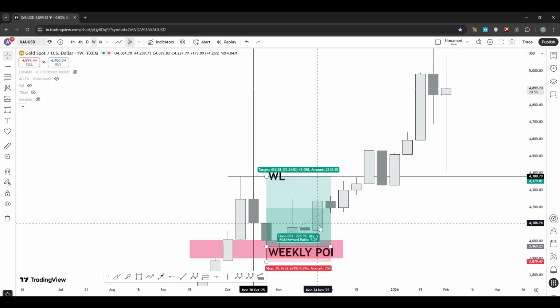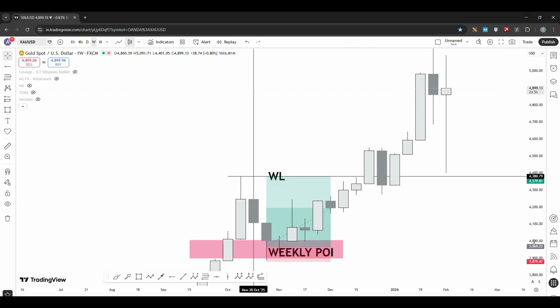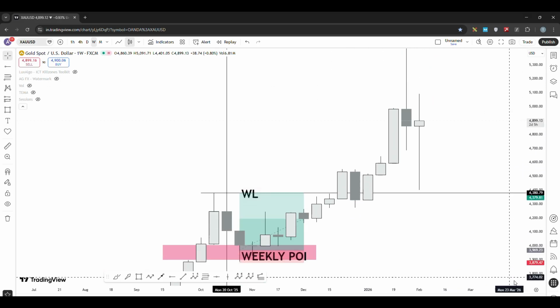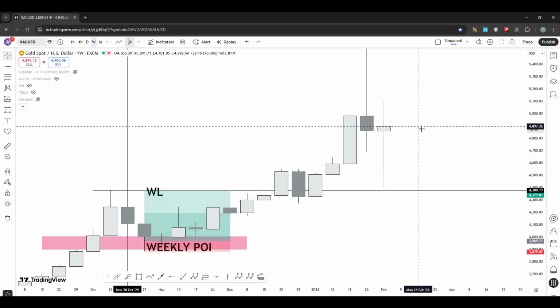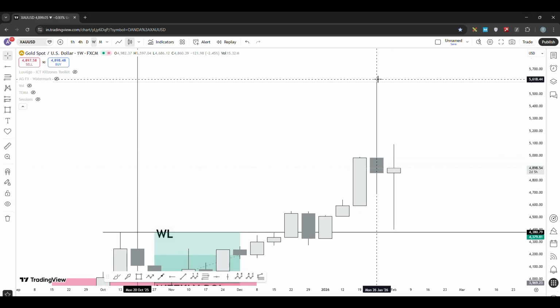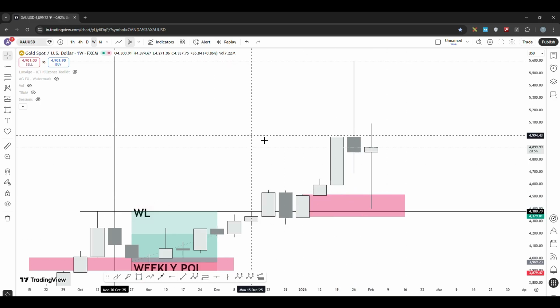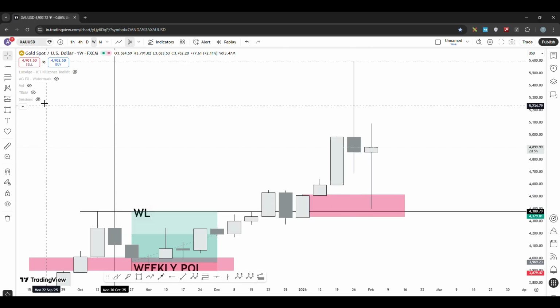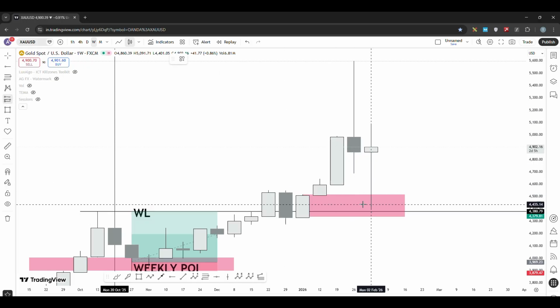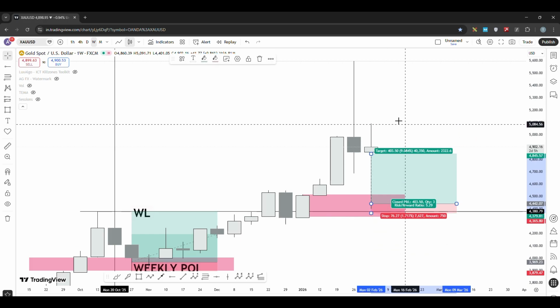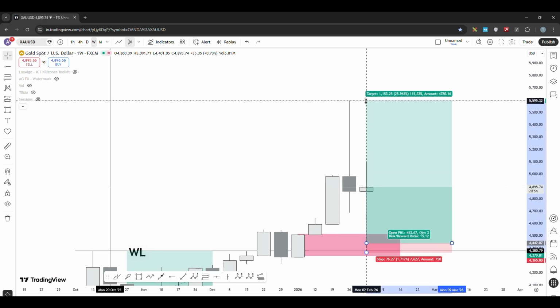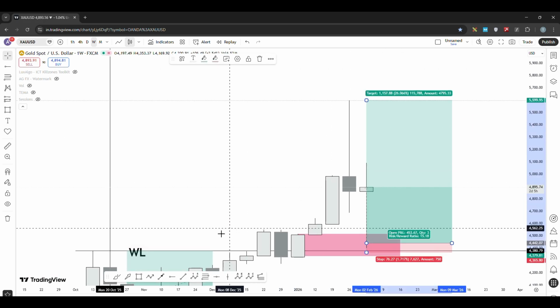So I hope it is clear how to find the bias of the market. Here also we can see this is the recent price action. Market created this high and market dropped, and you can see this was our weekly POI, and from here if you get displacement in the 4-hour or in the 1-hour, you can take your entry, stop loss below the low, target the weekly liquidity, right? What is this?